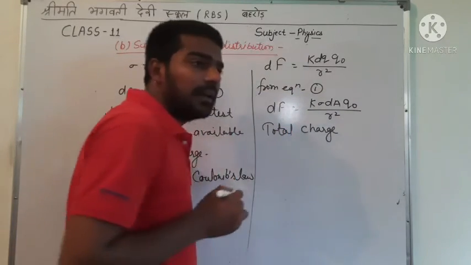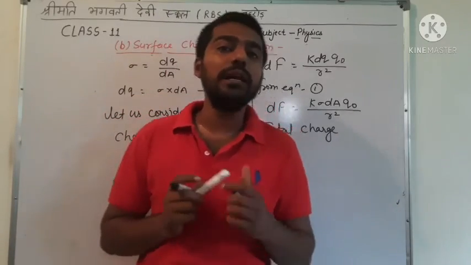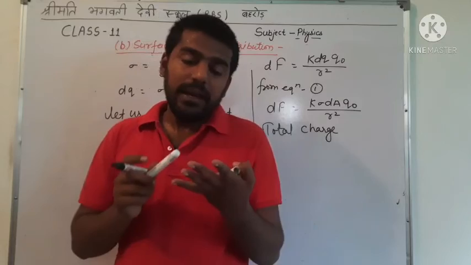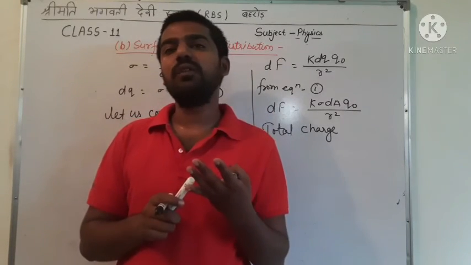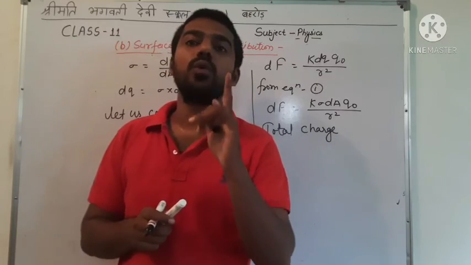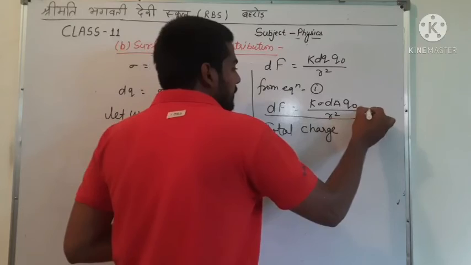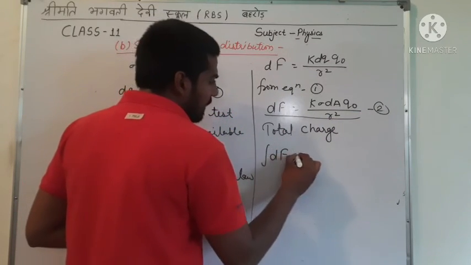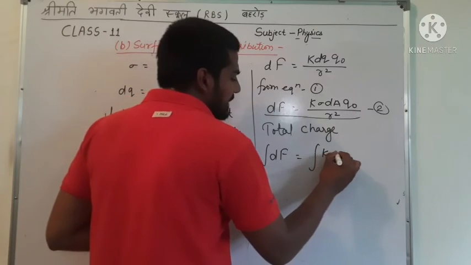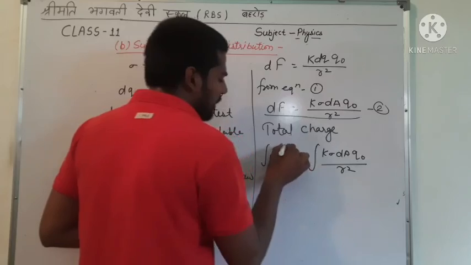Always remember that if we have the value of a small quantity and we have to calculate the total, then integrate the small value, and the result of the integration is the total value. So integrate df equal to k sigma dA Q0 upon R square.